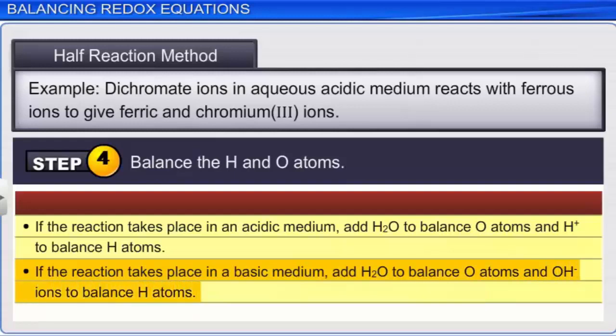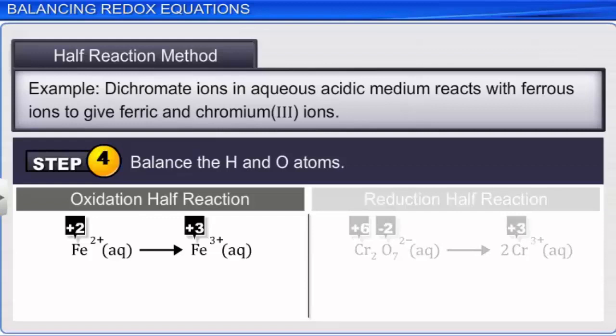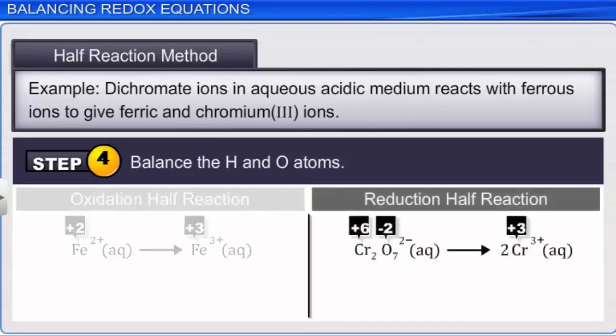In this case, in the oxidation half, there are neither oxygen nor hydrogen atoms. But in the reduction half, you can see that there are 7 oxygen atoms on the left-hand side, but no oxygen atom on the right-hand side.